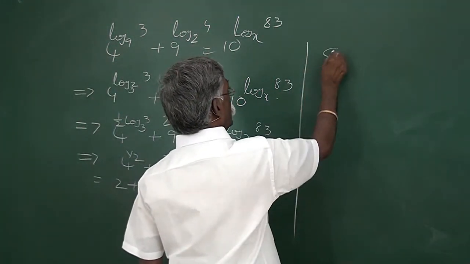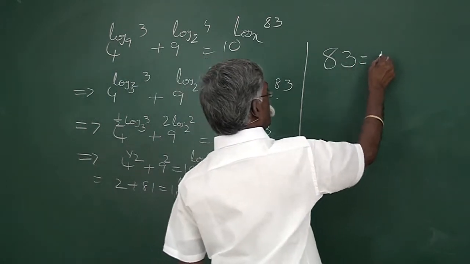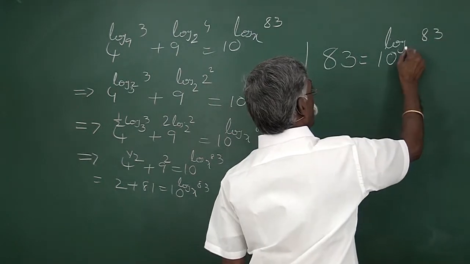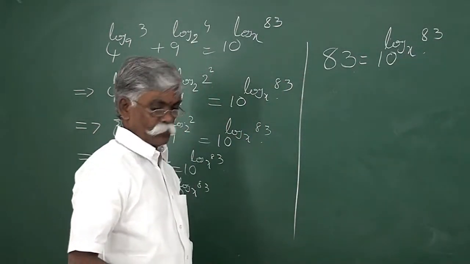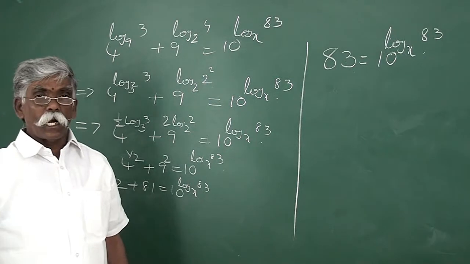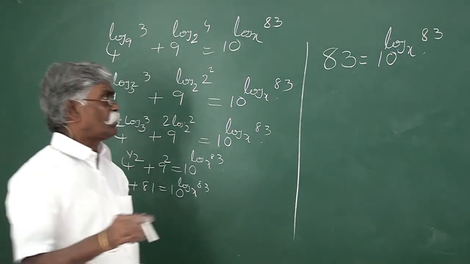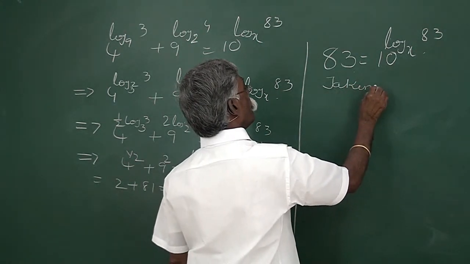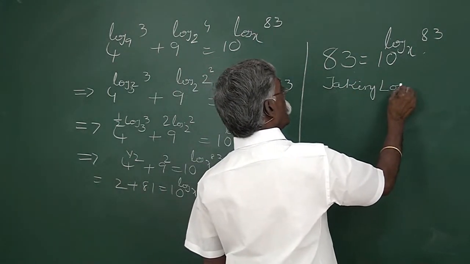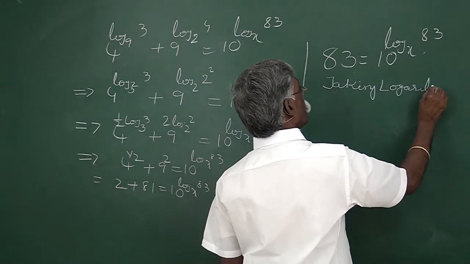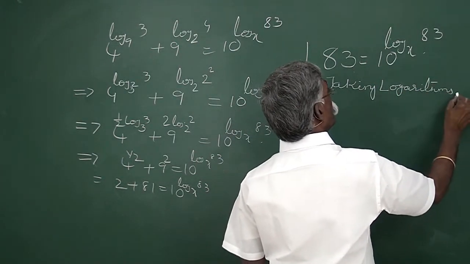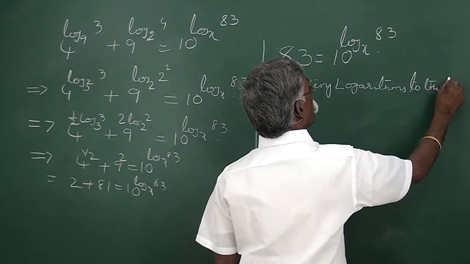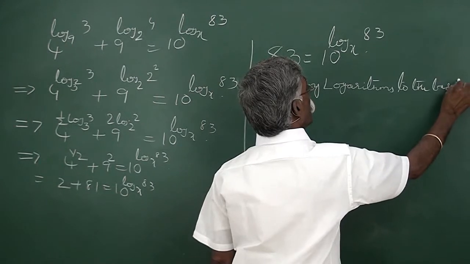Therefore 83 equal to 10 power log 83 to the base 6. Now taking logarithms on both sides to the base 10.